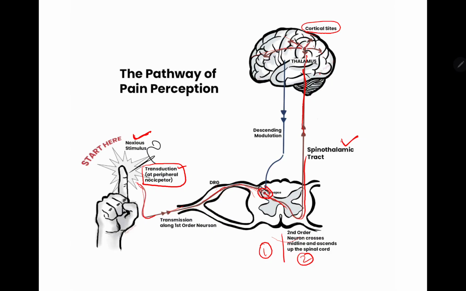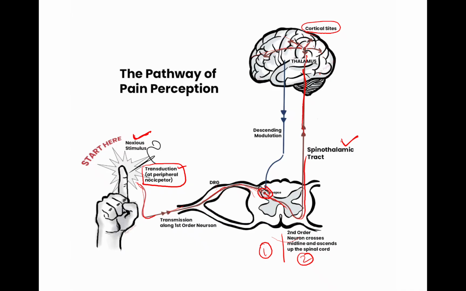Cortical sites are the sites where you can feel the pain. Thalamus sends pain to the cortical sites, different parts of the brain cortex. Now you actually feel pain, know where it is and how bad it is. All the details you can know because of the cortical sites.